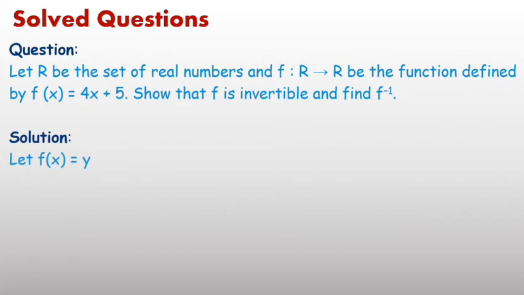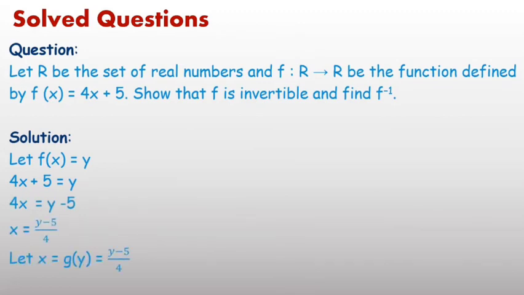For solving it, step one: let f(x) equal y. Put the value of f(x) and find x in terms of y. x equals (y minus 5) upon 4, and let x be g(y). g(y) we can write as (y minus 5) upon 4.